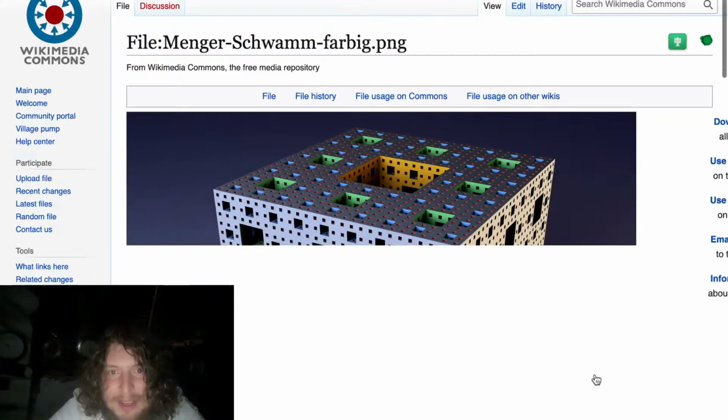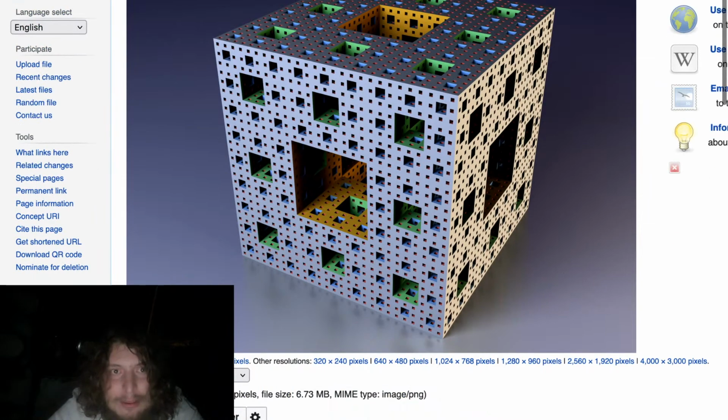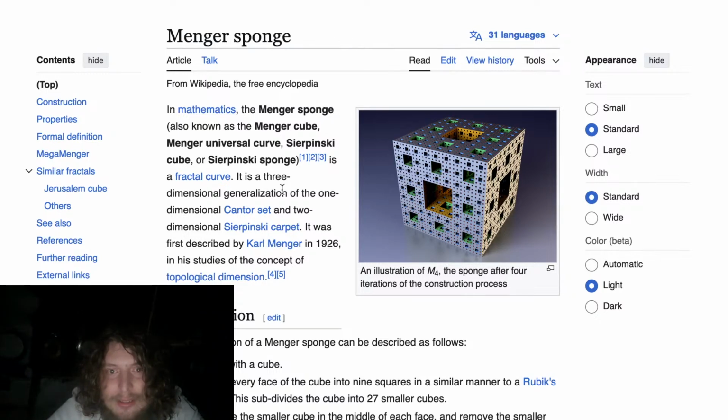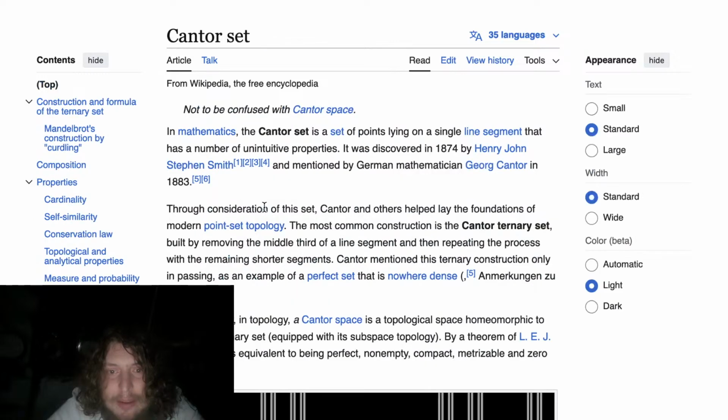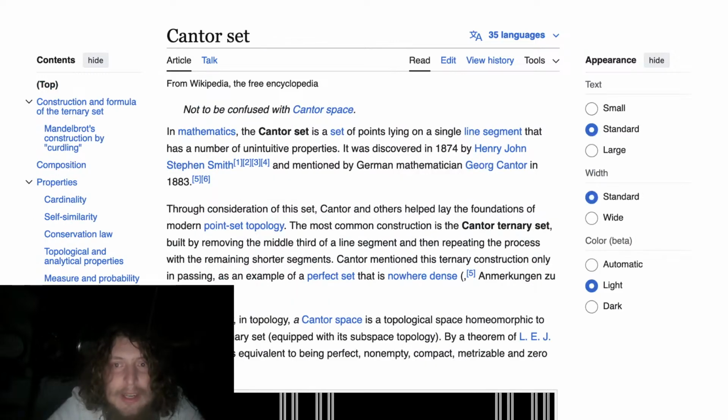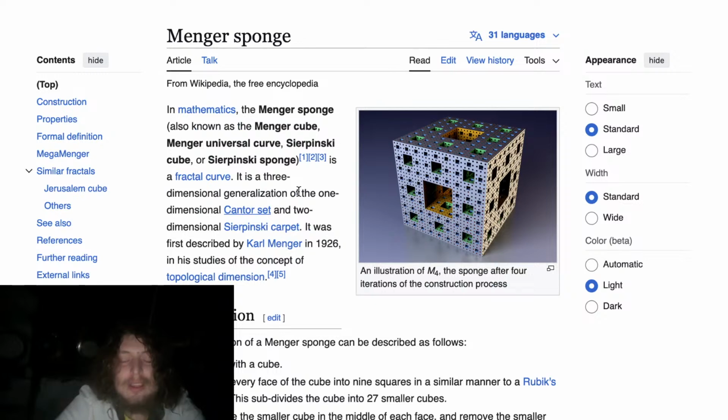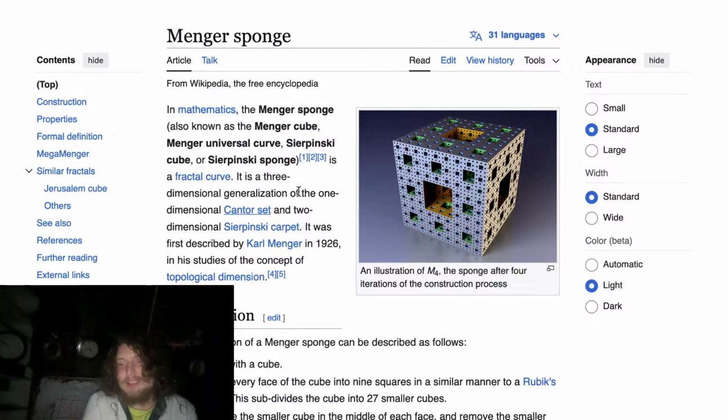Let's see how they describe it. The way they describe it is a 3D generalization of the 1D Cantor set, which will probably need an episode. It's where you cut out the middle third of a line segment, then the middle thirds of those, the middle thirds of those, and so on.